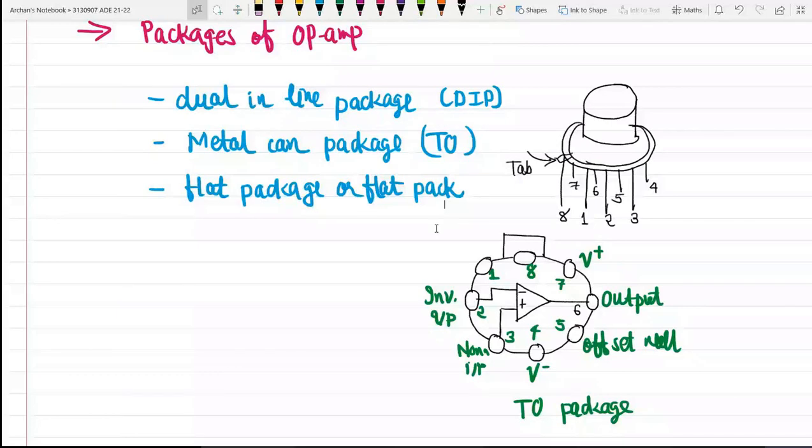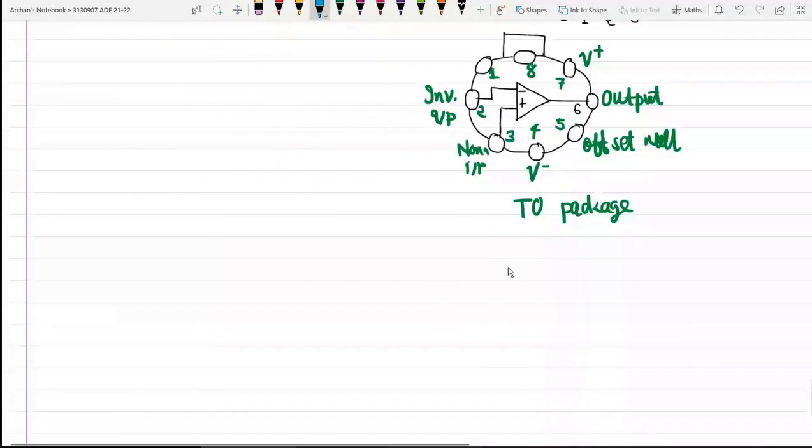Let us try to understand this flat package. It will be available with a shape like this.